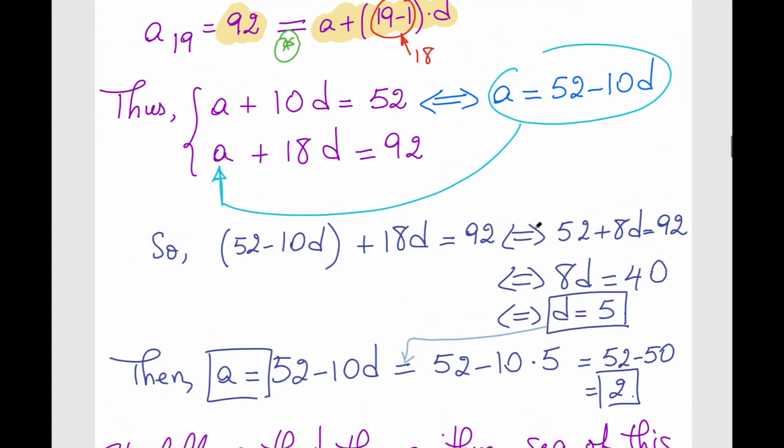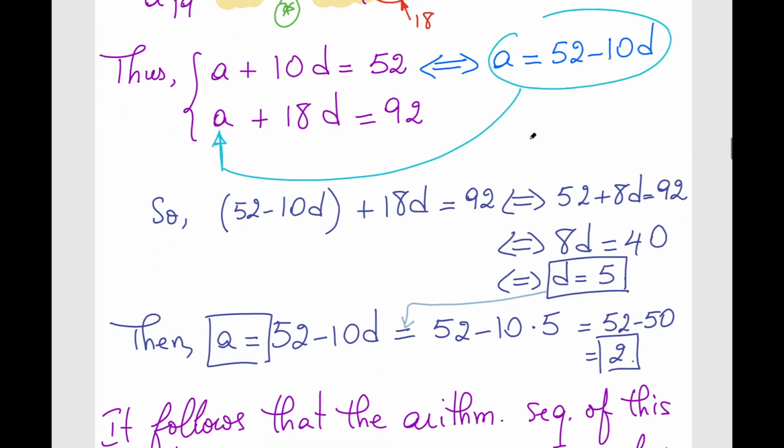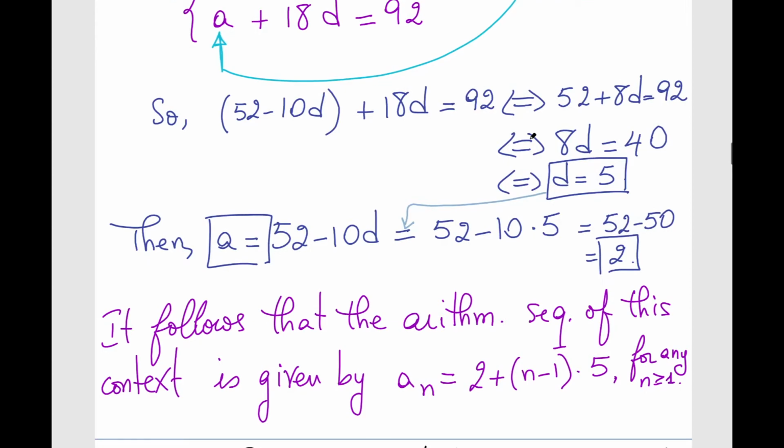All right, and what did they want? They want the term whose rank is 1000. So they want a sub 1000. Therefore, a sub 1000 is equal to 2 plus, replacing n by 1000, 2 plus (1000 minus 1) times 5.